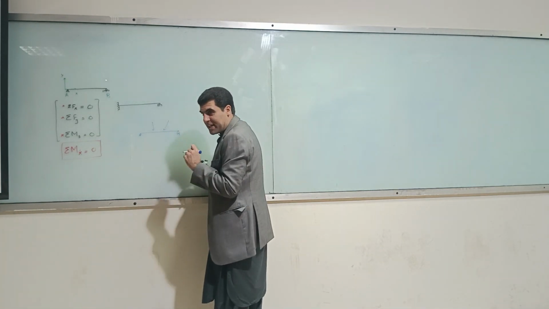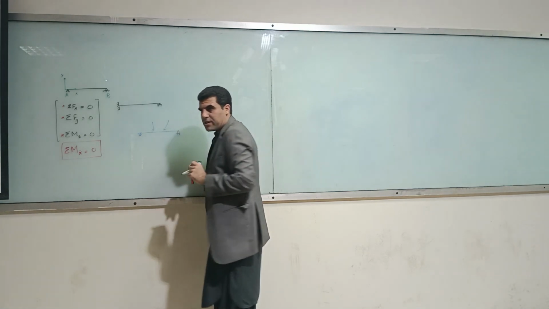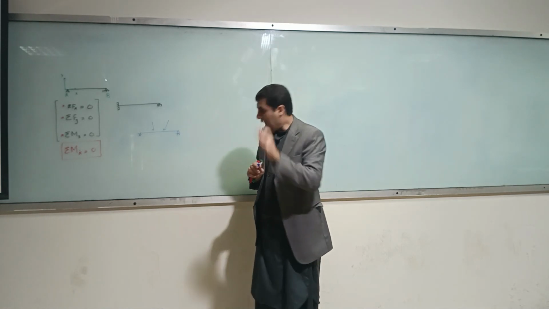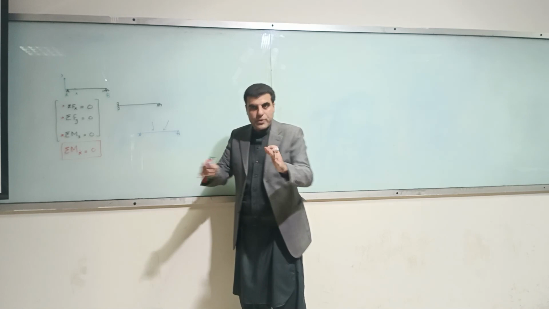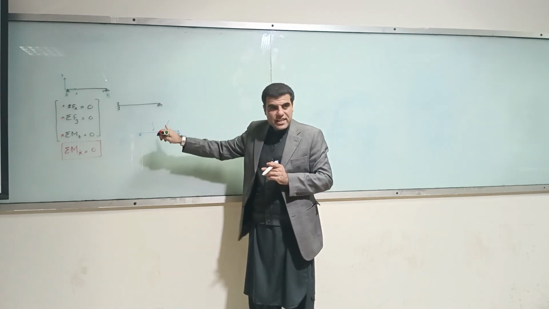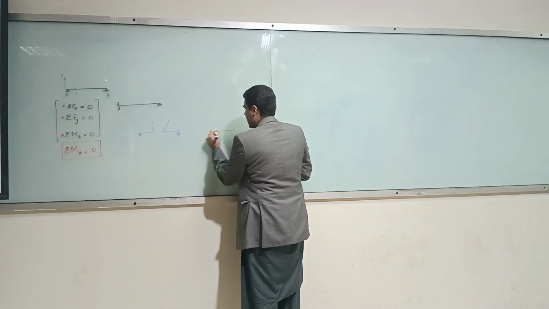And what do I mean by redundancy? If for any reason any of the supports fails, is unable to transfer the load, then what happens? The whole structure will collapse, isn't it? If you remove anything. However, how about a structure like this?